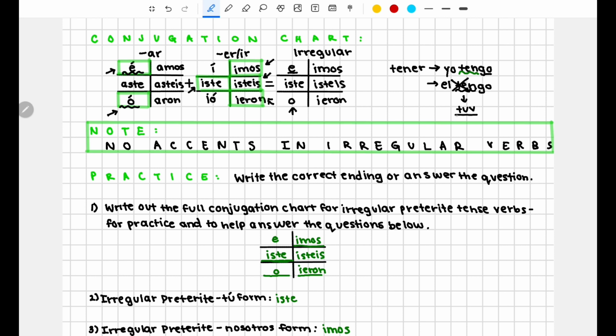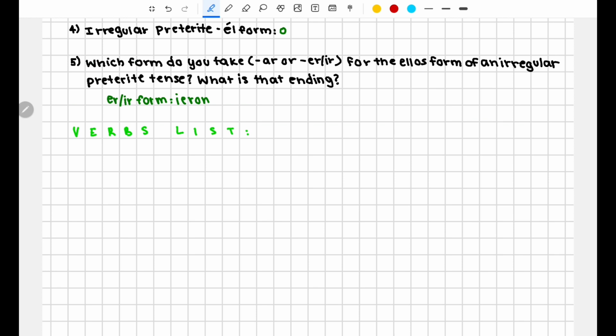It becomes tuv. So it would be tuve, tuviste, tuvo, tuvimos, tuvisteis, tuvieron. So today we're going to be talking about different stems of different verbs that follow this pattern, so then we can put the stem and the ending together and come up with the irregular verb.